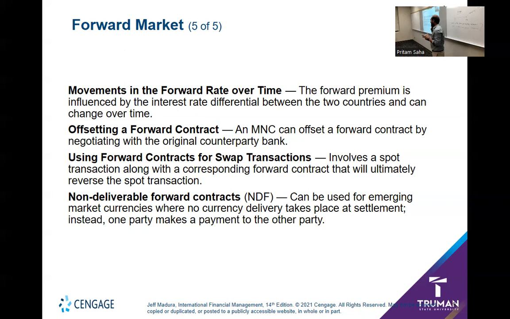They send money today to establish a subsidiary, which will generate revenue and profit going forward, and bring money back to the US later. So these are called using forward contracts for swap transactions. These are different strategies you can use to minimize the risk exposure of your natural course of business. Make sense?